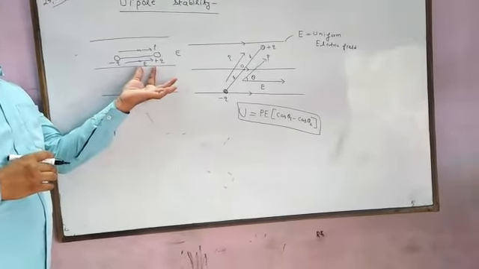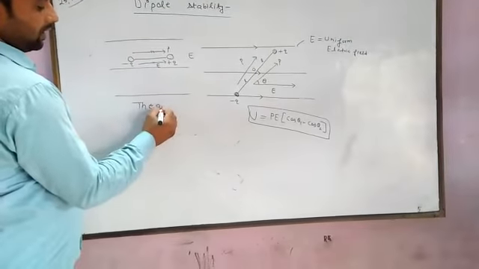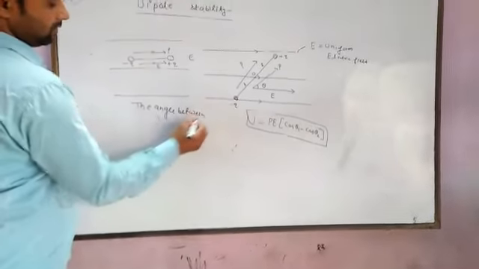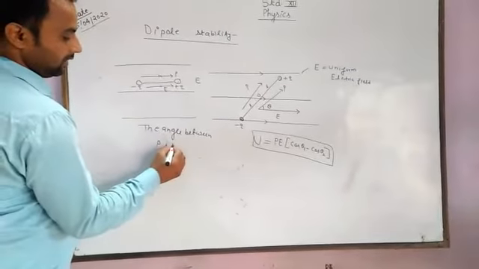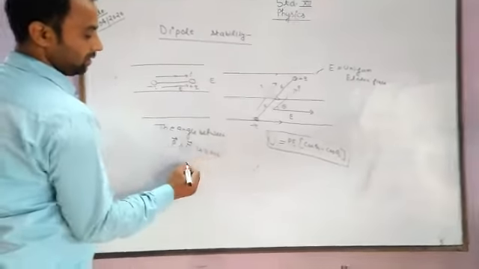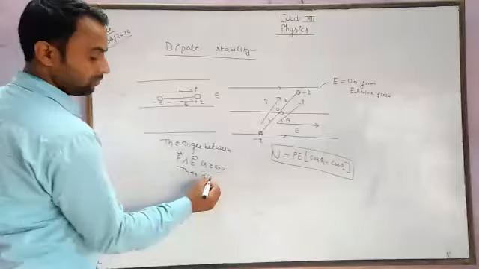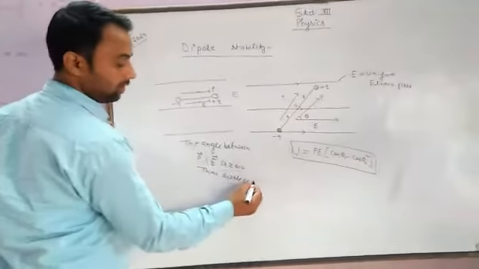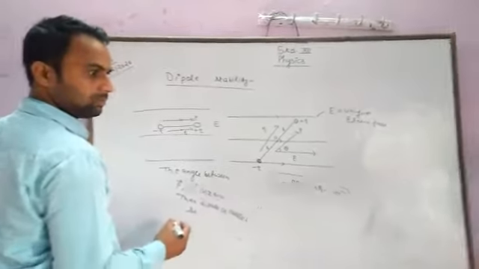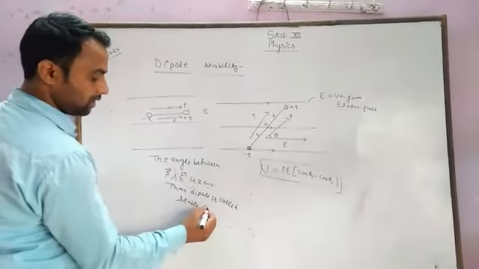It means this is a stable condition. The angle between P and E is zero. Then the dipole is called stable.